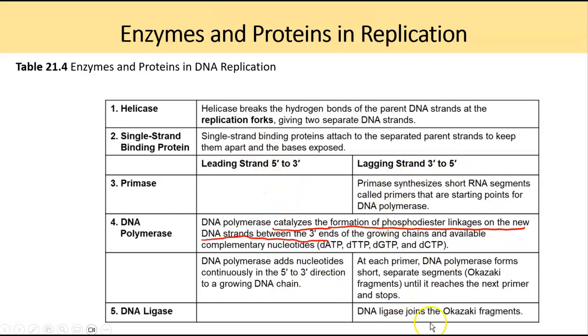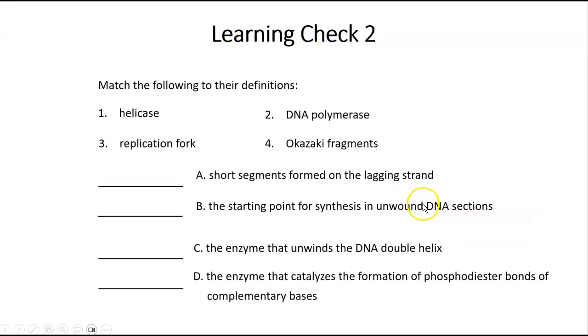In the lagging strand, it joins all the Okazaki fragments. So these two daughter strands work differently due to their different directions, and therefore it involves multiple different types of enzymes as well. Okay, now let's do a quick learning check.